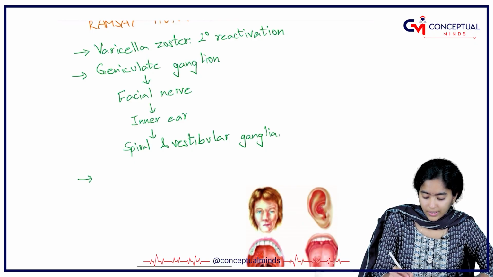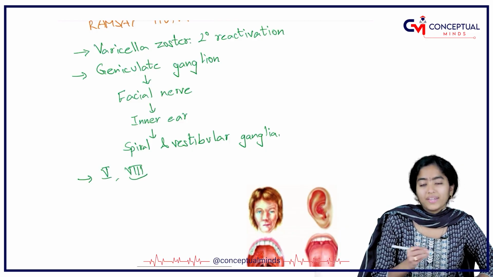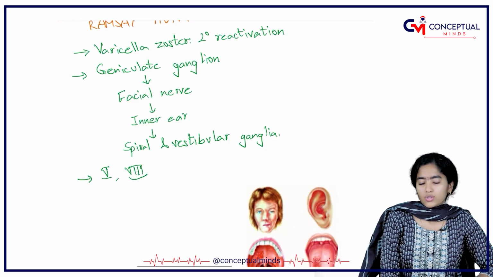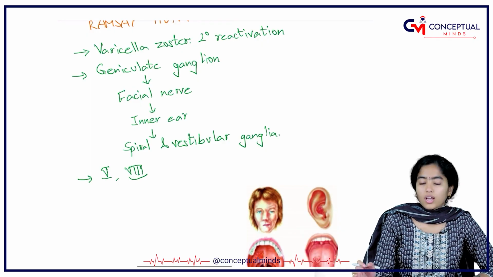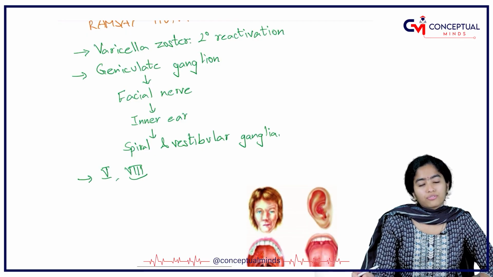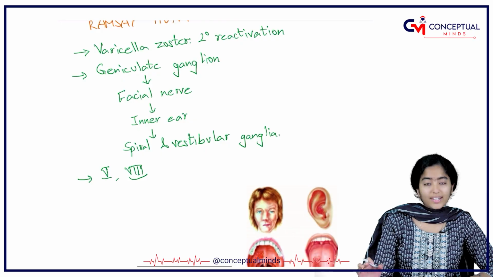And then even cranial nerves 5 and 8 can also be affected by this virus. So finally 5, 7 and 8. 7 is most important, it will always happen. And sometimes trigeminal nerve and 8th nerve can also get affected. Cochleovestibular nerve can also get affected.